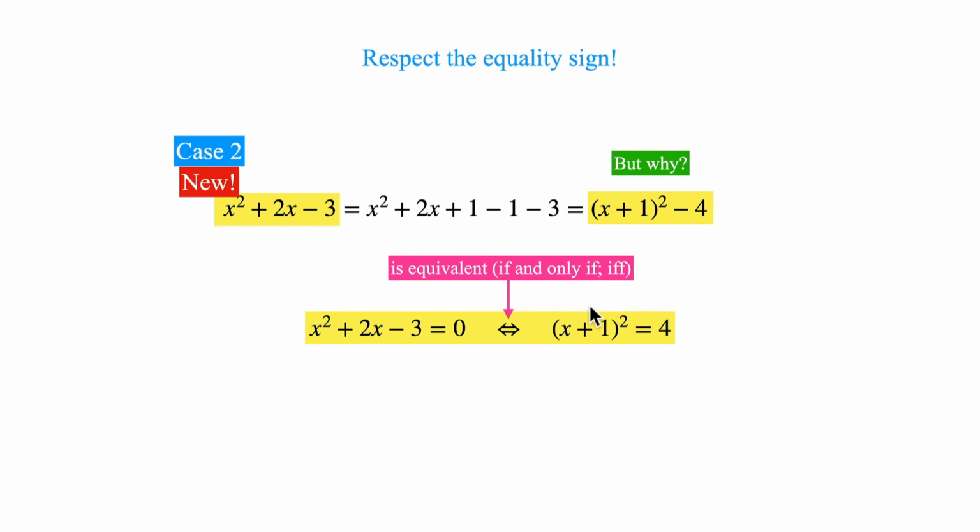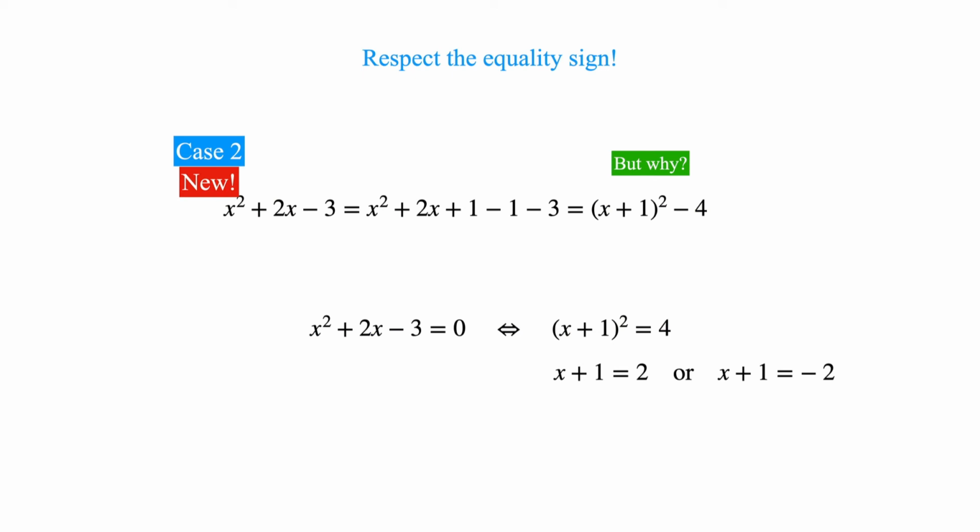And this one is easy to solve, because you know that a square of some number is equal to 4 only if this very number is equal to 2 or minus 2. And then you see that x itself must be 1 in the first case or minus 3 in the second one.